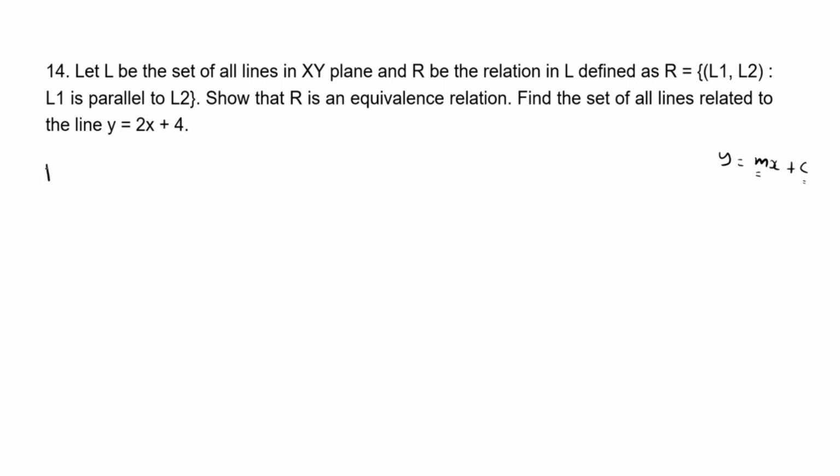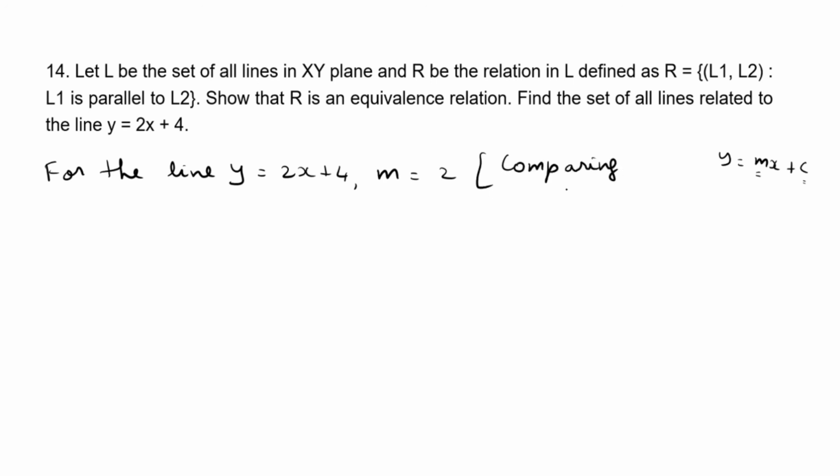So for the line y = 2x + 4, comparing with y = mx + c, which is the general equation of a line, we can see that the slope of the line is 2. We know that parallel lines have equal slopes.